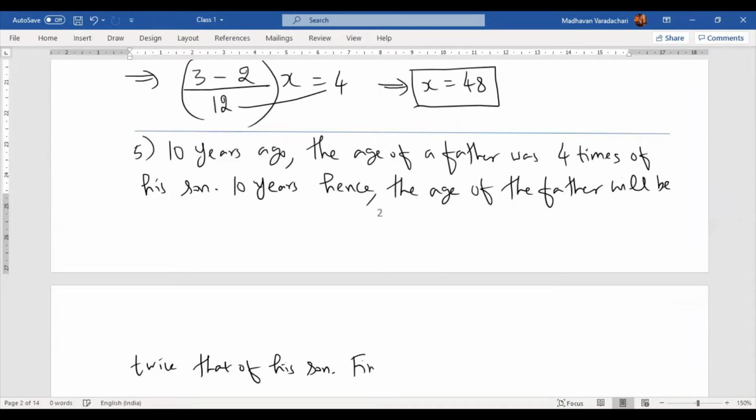Find the present ages of father and son.